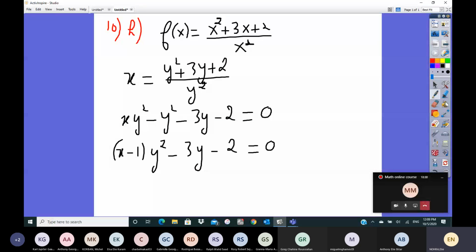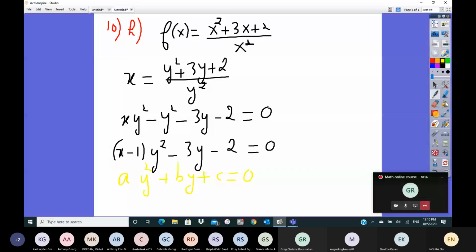What do you see here? It's a second degree equation, ay squared plus by plus c equals 0. How to find y?